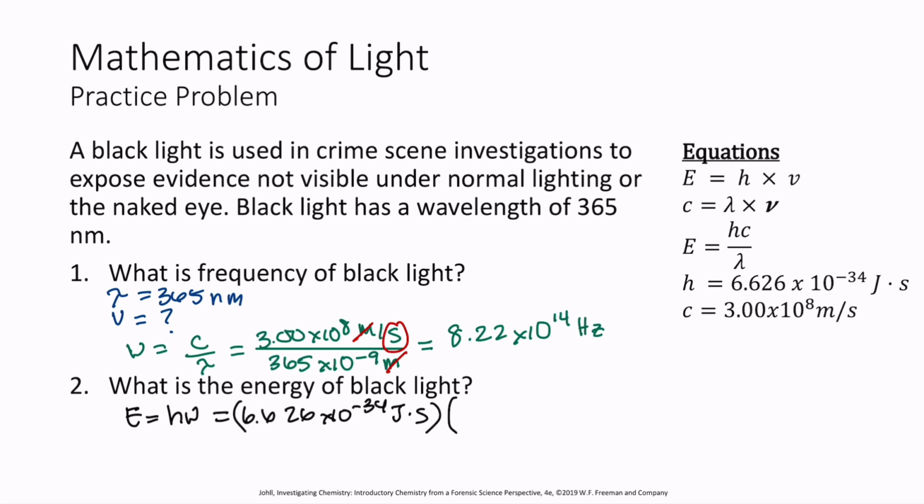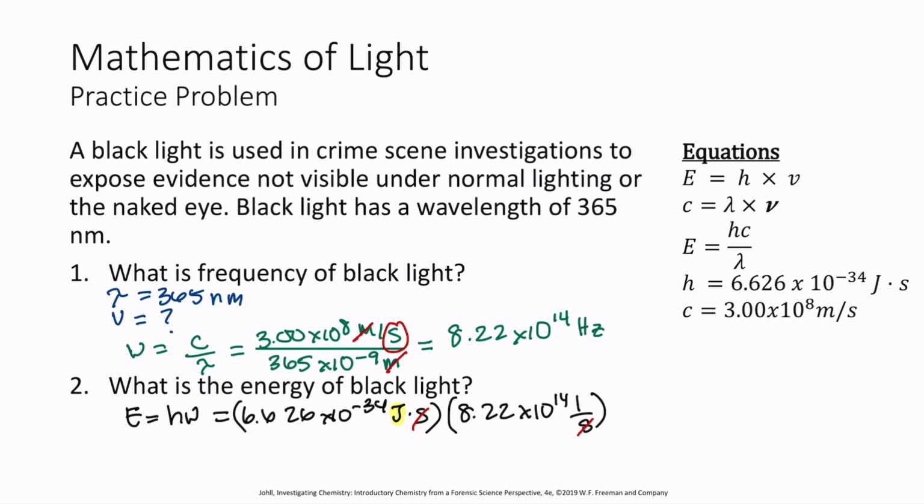And I can multiply that by the number that I just calculated. 8.22 times 10 to the 14, remember hertz, is 1 over seconds. So notice what happens to my units of seconds. They cancel out, and I'm left with units of joules, which is good because it's asking for energy.